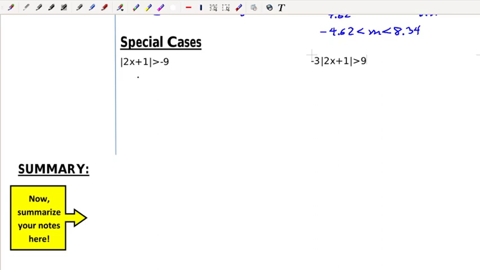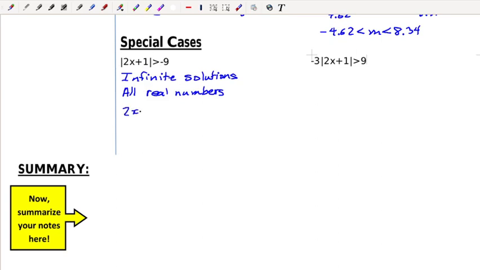So this would be something like infinite solutions, or you could also write all real numbers. Now, what happens if you didn't recognize right off the bat that this was an absolute value greater than a negative number? If you tried to solve it, this is what we would get.